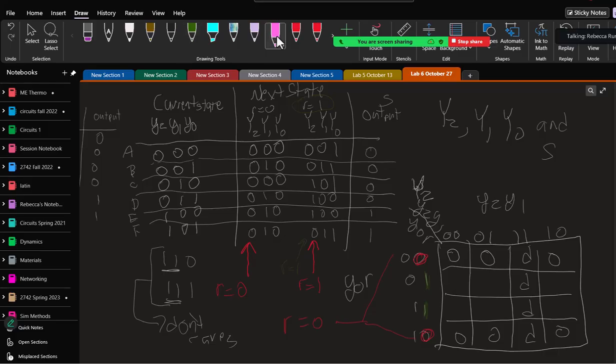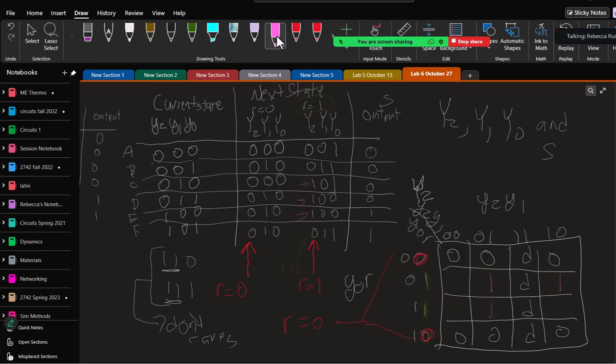And we see that we have 1s on C, D, and E. So right here, here, and here. C is 0, 1, 0, so that's a 1. D is 0, 1, 1, that's a 1. And 1, 0, 0, that's a 1.